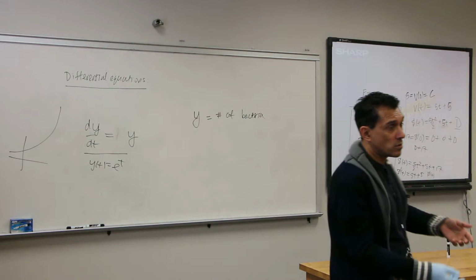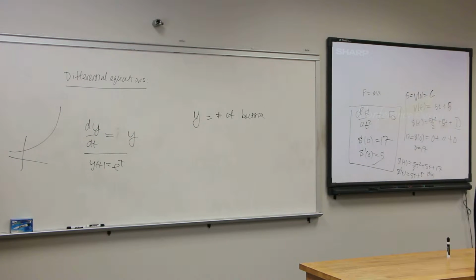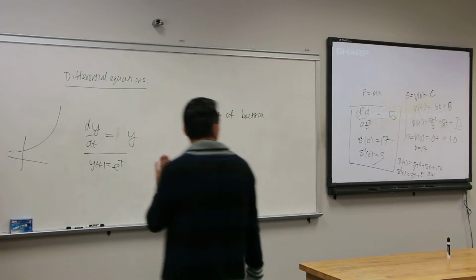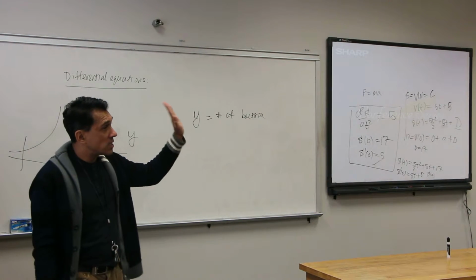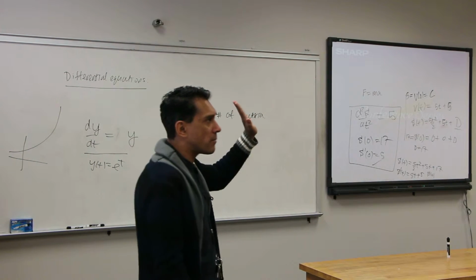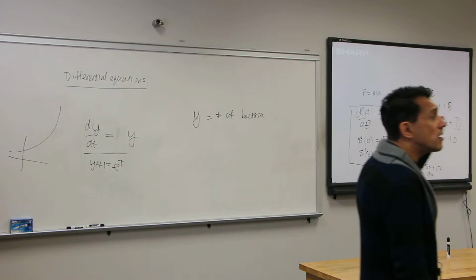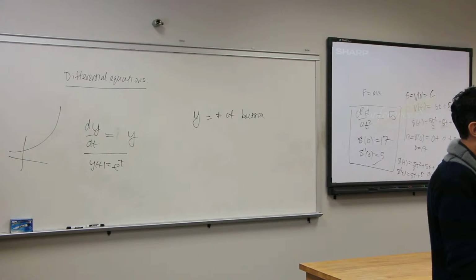And I can assure you that that is a huge problem. 95% of all mathematics research, you can quote me on this, 95% of all mathematical research is done on solving differential equations.